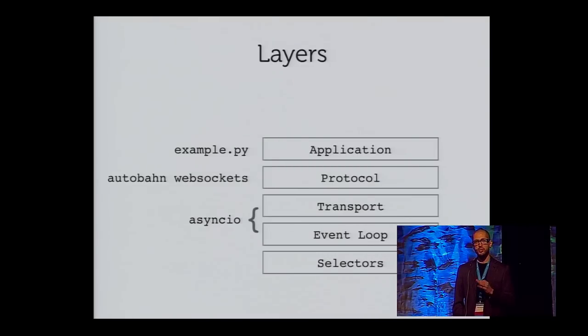And it abstracts away all of the platform-specific differences between epoll and KQ and whatever the heck people use on Windows. And it lets you just kind of generally ask for event notifications without worrying about what kind of operating system you're running on. And for this talk, we'll consider selectors to be magic. We'll see what it does, but not how it does it. It's a layer beneath which we don't go.